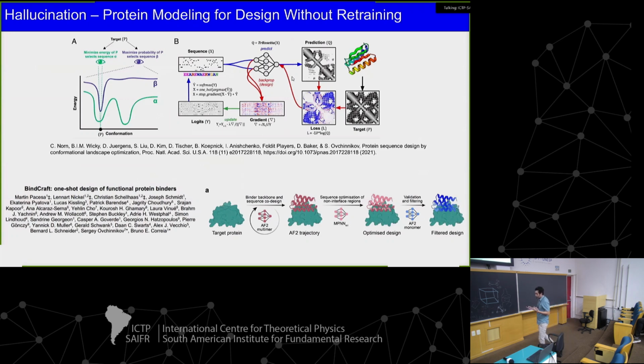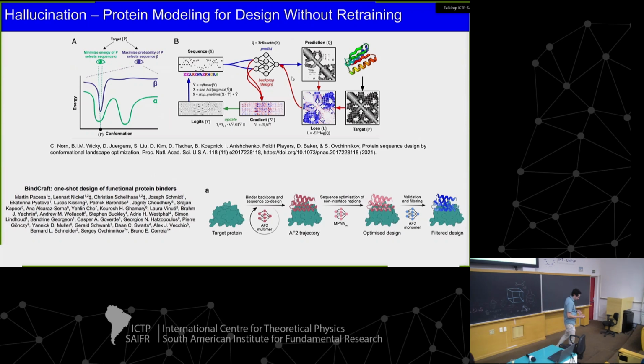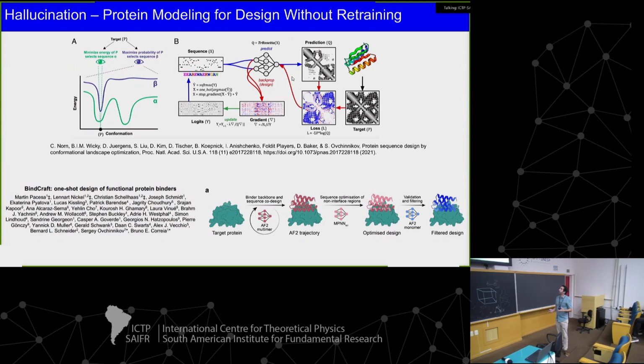But as I said, those methods are important also in the process of the design. One strategy here is to start with, for instance, a target function when designing a protein, right? You know a structure that you need.